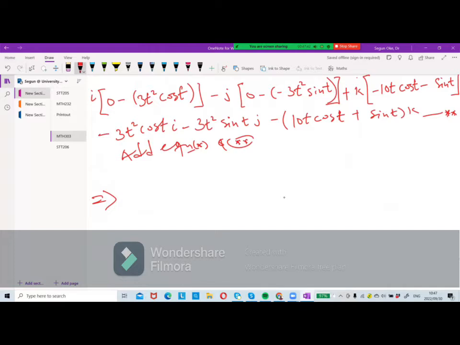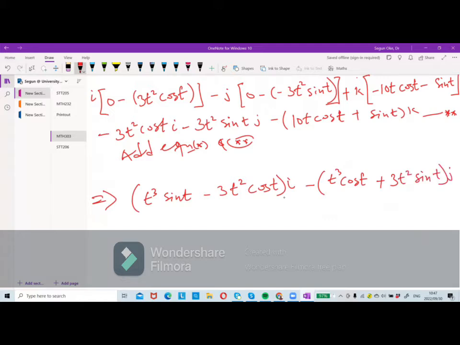You are going to have sine t minus 3t squared cos t i, minus 3 cos t plus 3t squared sine t j, plus 5t squared sine t minus 11t cos t minus sine t k.